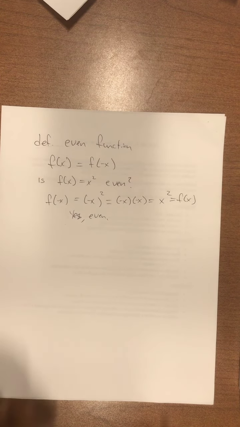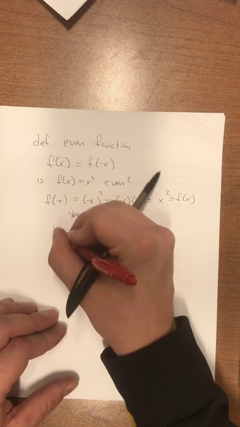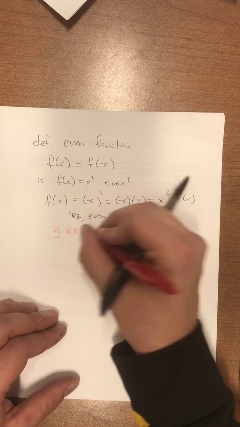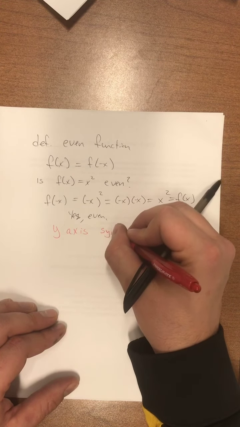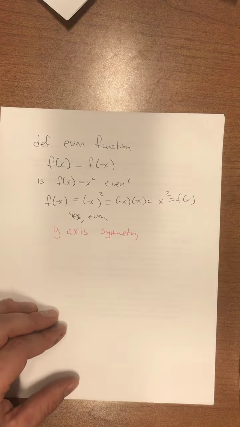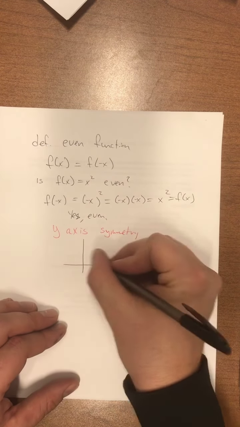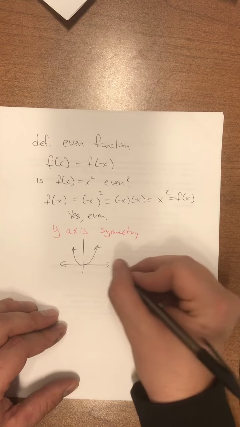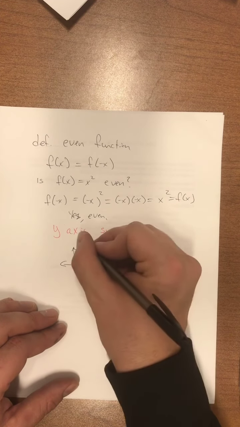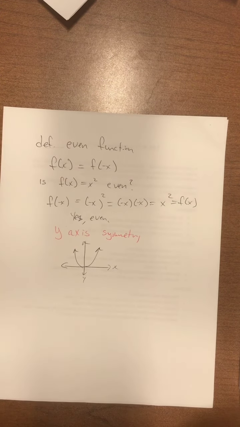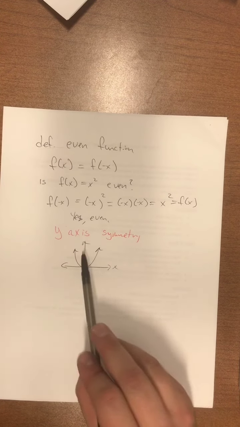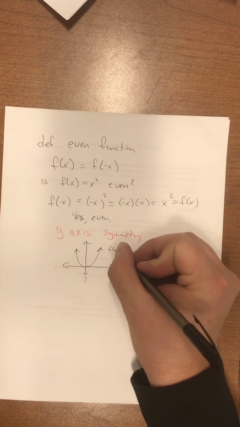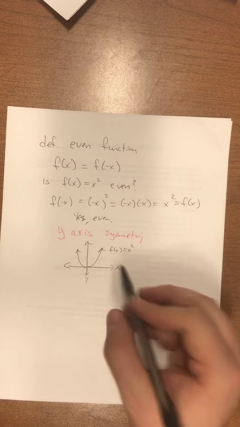On a graph, this is y-axis symmetry. So we know that the graph of x squared looks like this. And if we folded x squared vertically, it would be on top of itself.